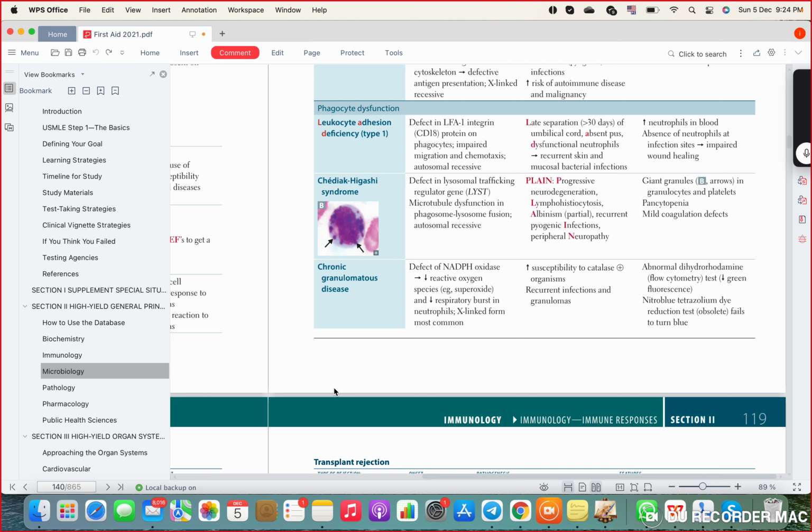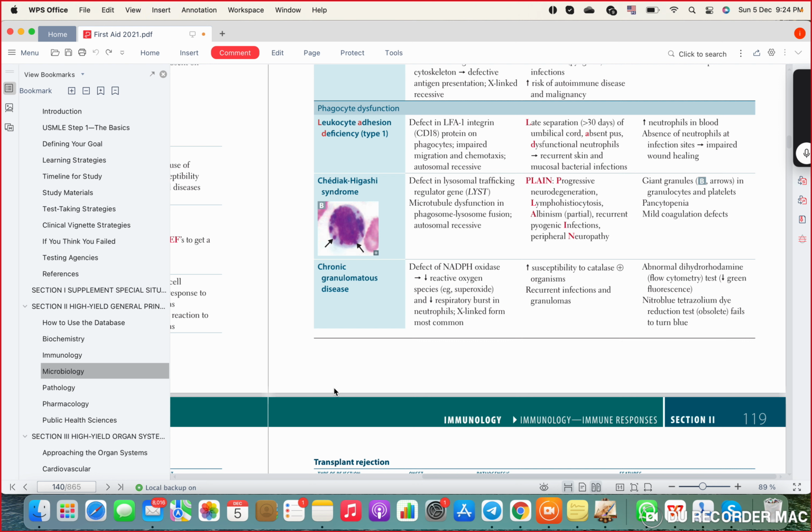The last one is chronic granulomatous disease. You spoke about it, but tell me more. So basically, the NADPH oxidase is deficient, doc. So there won't be any superoxide production. So there won't be any reactive oxygen species to fight and destroy the bacteria. So that's why they are very prone to catalase-positive infections.